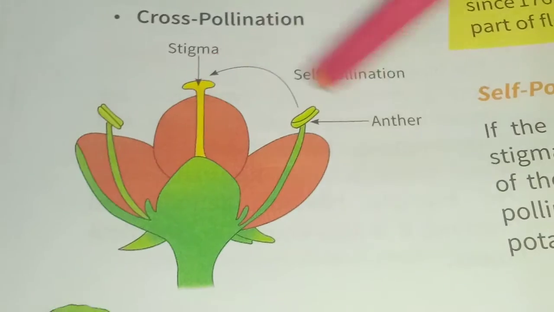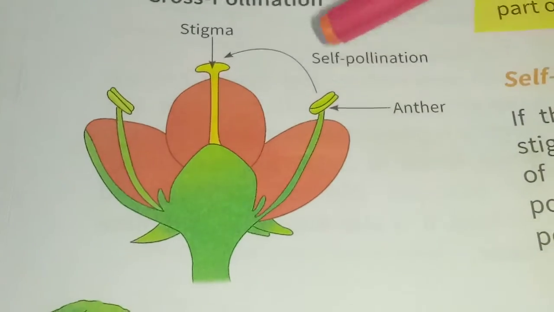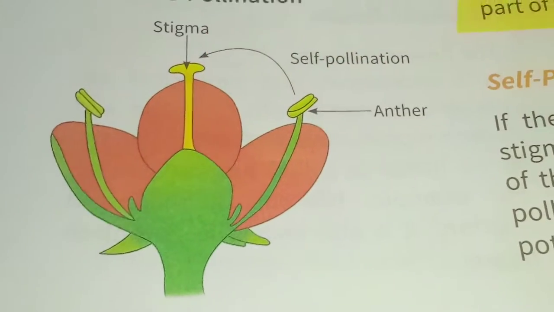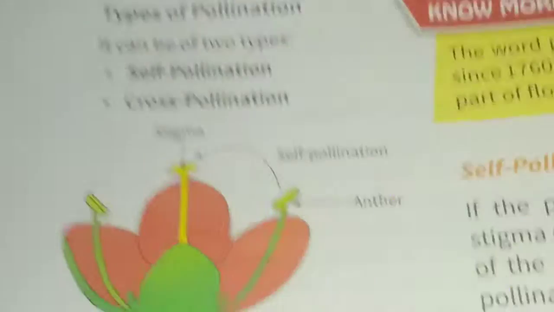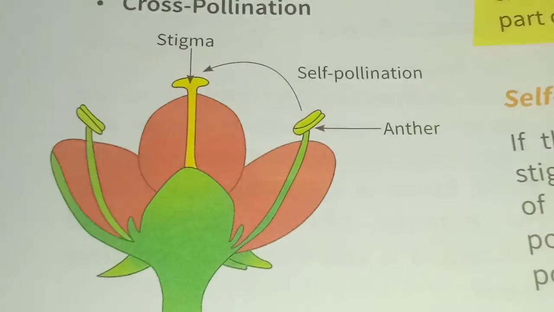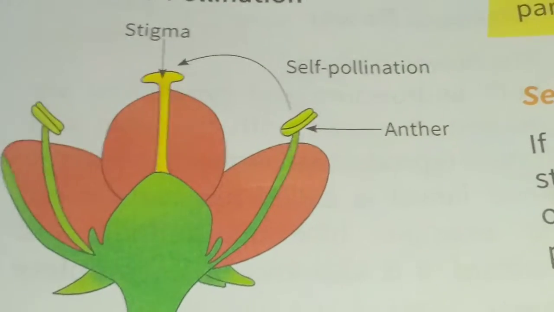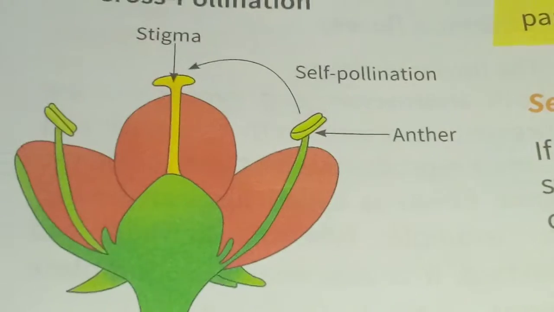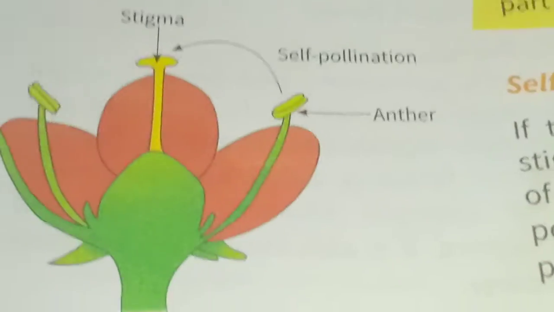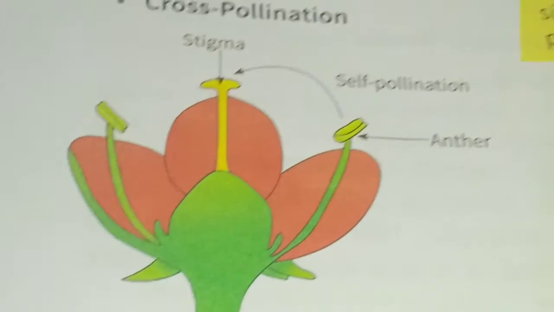Actually, pollen grains are male gametes which should come in contact with female gametes or ovules. For what? For fertilization, so that after fertilization, fruits and seeds are formed.